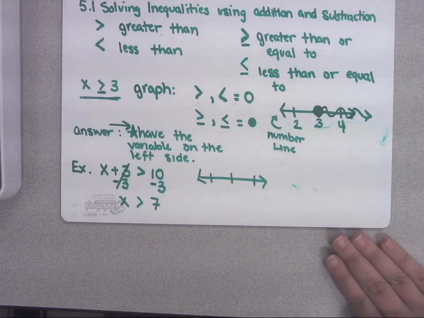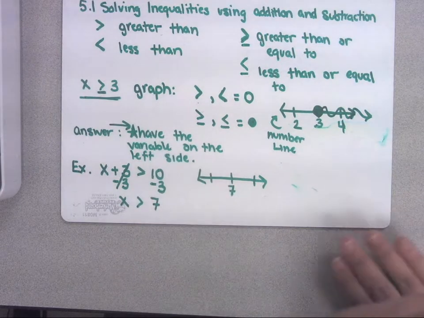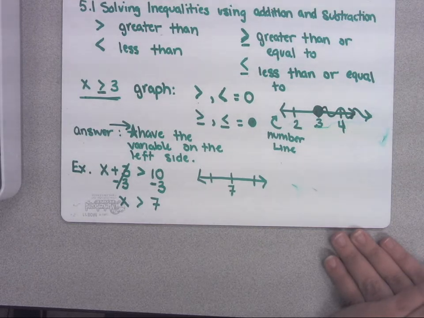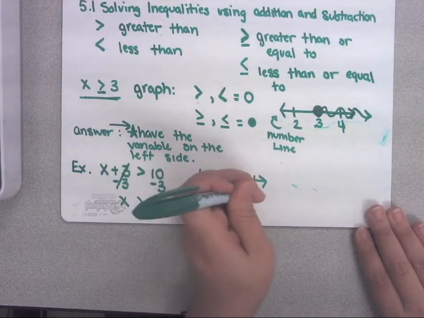Tubes, where does my 7 have to go? In the middle. What are 2 other numbers, Joy, that I'm going to use on my number line? 6 and 8. Where am I going to put the 6? Correct.